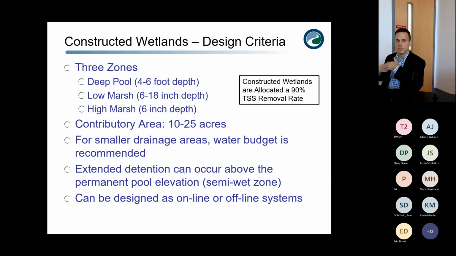You can also have a zone above the wetland that can provide additional water quantity benefits. So you can have extended detention where you hold back water like you would with a typical detention basin that occurs above the permanent pool elevation in the semi-wet zone. And these can be designed as online or offline systems. So they can be designed to treat all of the runoff from a certain watershed, or there could be a diversion structure.